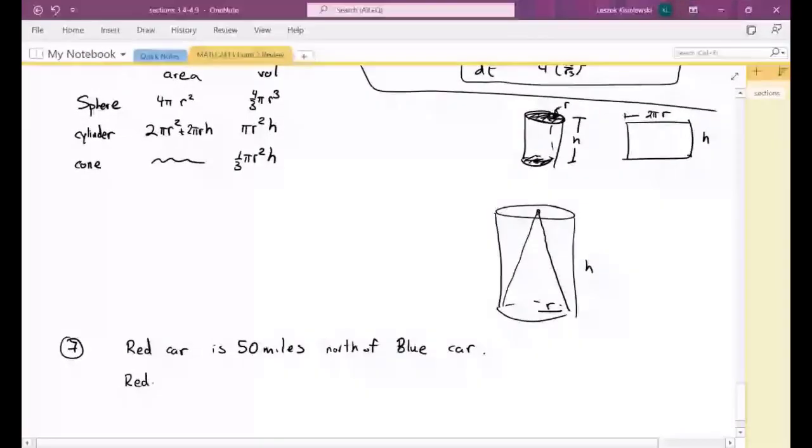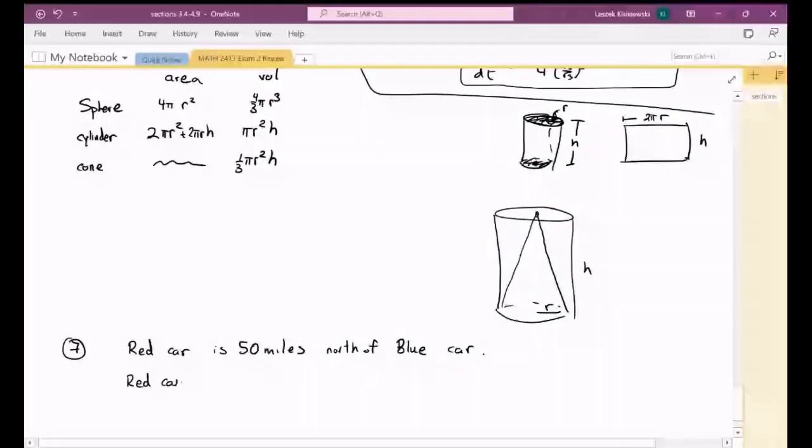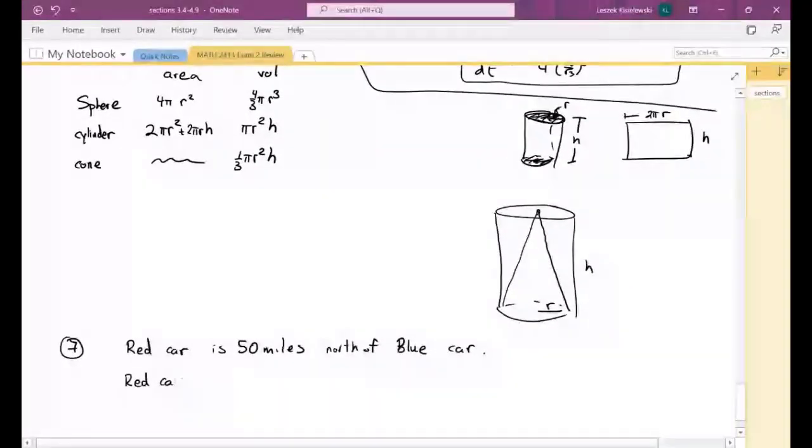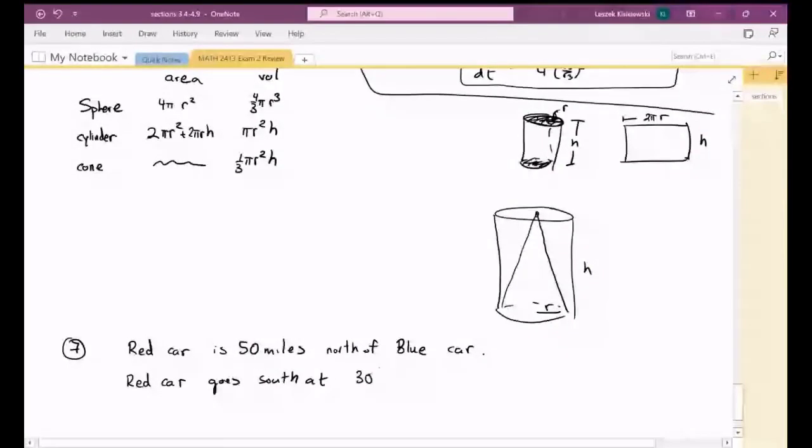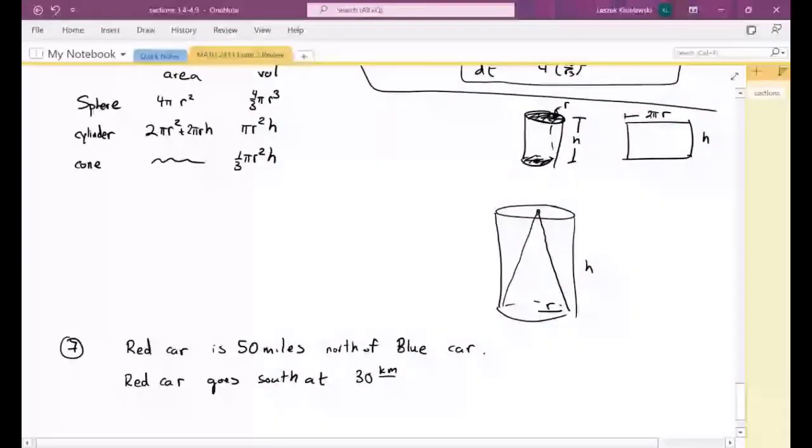Simultaneously, the red car goes south. Make it simple, 30 kilometers per hour, I guess. Is that fast or no? That's pretty slow, isn't it?